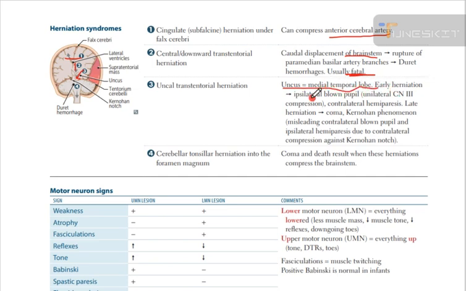Early herniation results in an ipsilateral blown pupil from unilateral cranial nerve III compression, and contralateral hemiparesis.